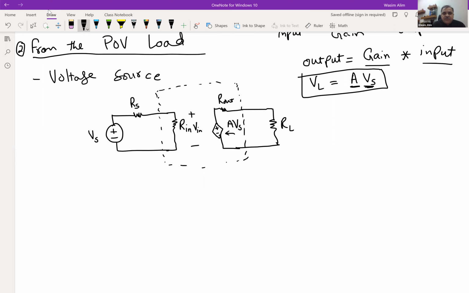And based on what we have here, we can then say that using voltage divider, we can find this input voltage. Again, this is a series circuit, and they're sort of separate loops. So we can say that the input voltage is the source voltage times the input resistor over the equivalent resistance. Okay, so that's my input voltage.